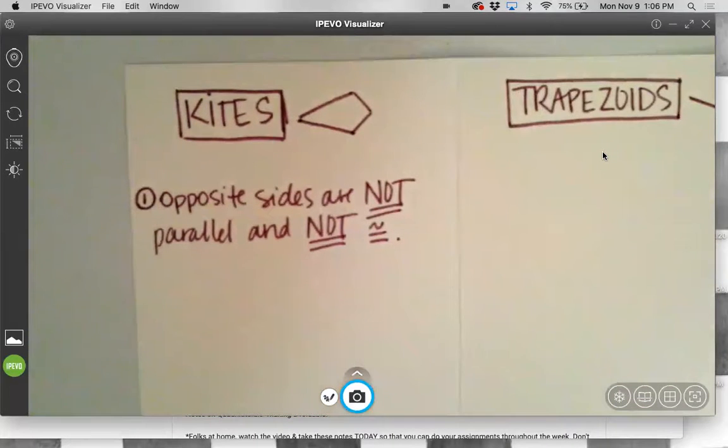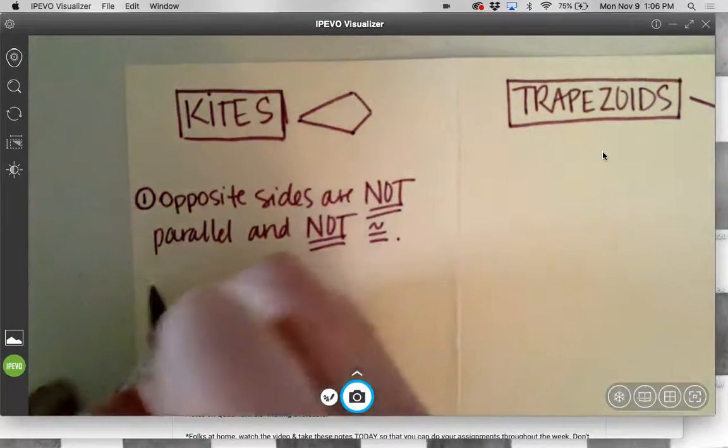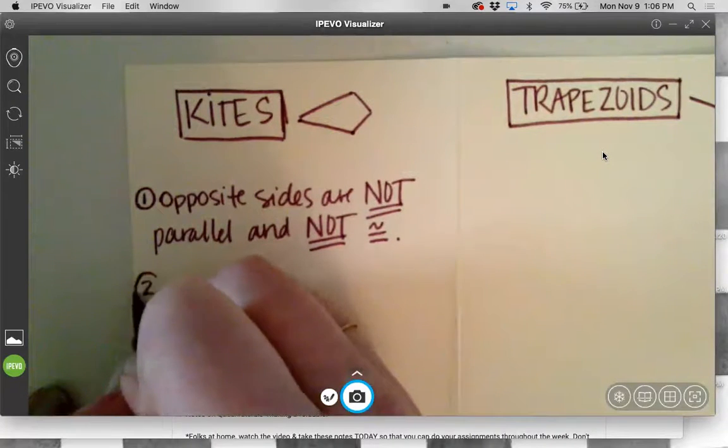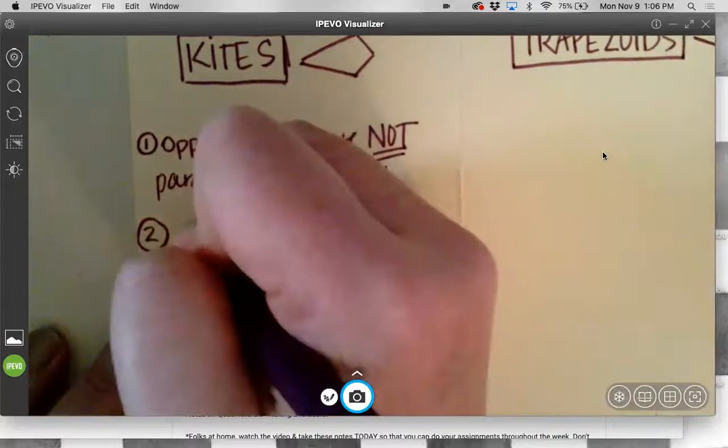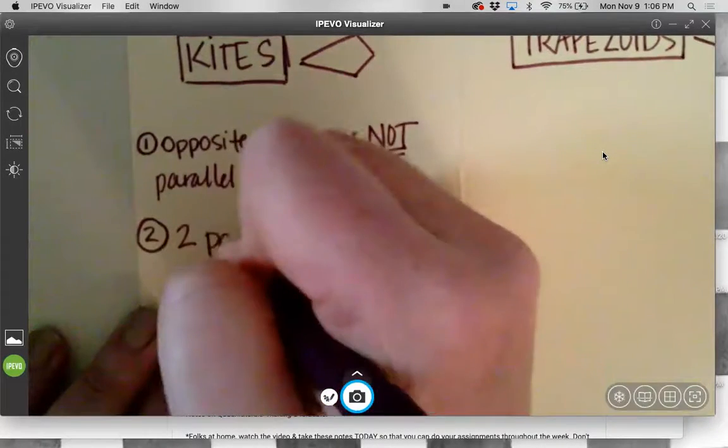So it's just re-emphasizing that we are no longer talking about parallelograms. This is a totally different category of quadrilateral. Opposite sides are not the ones that have relationships in kites. So for fact number 2, which is really the first positive statement, there are 2 pairs of congruent sides.